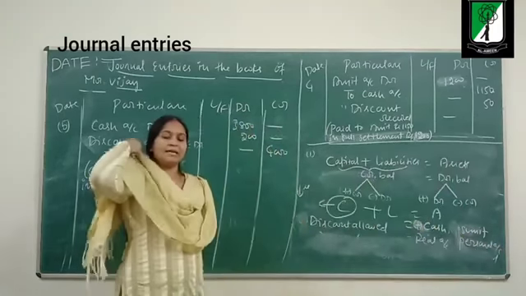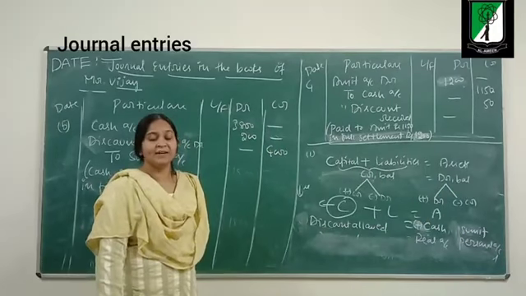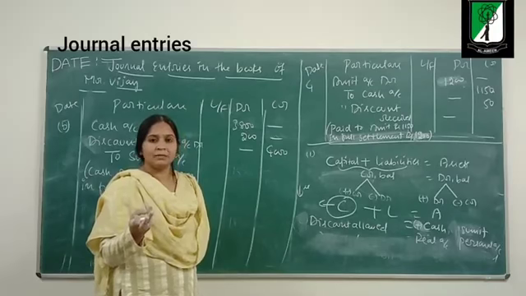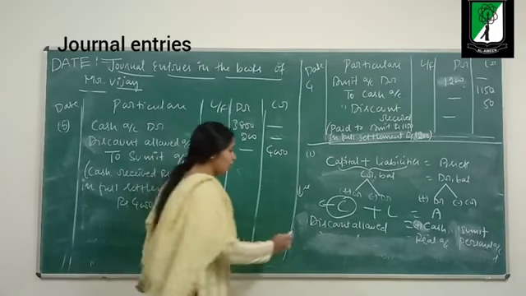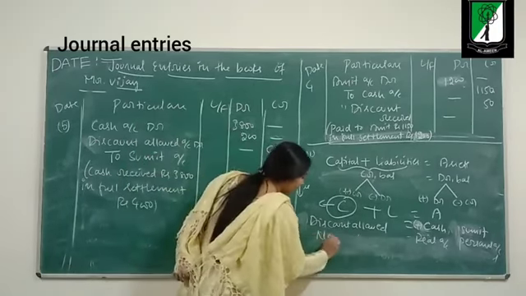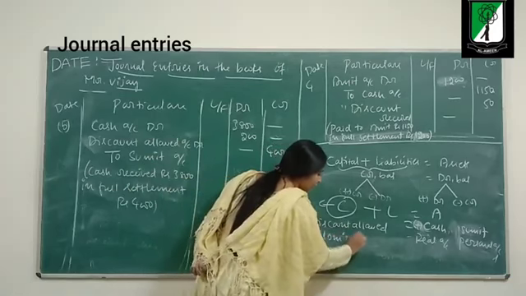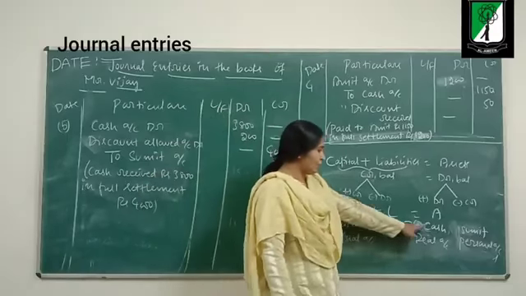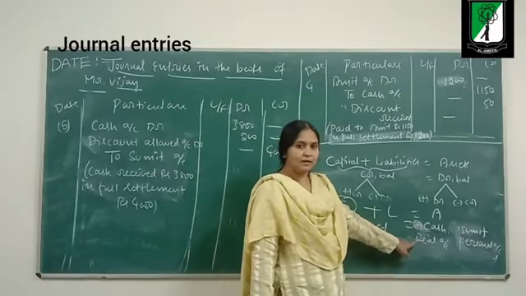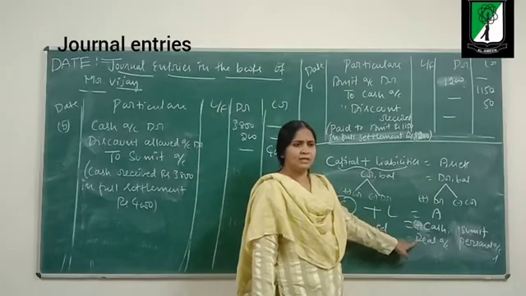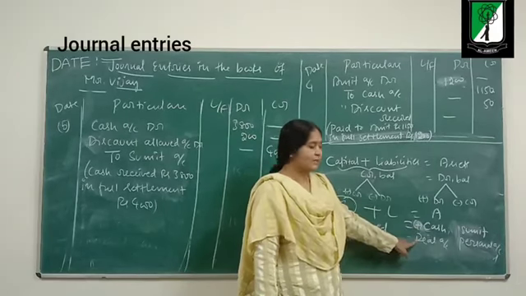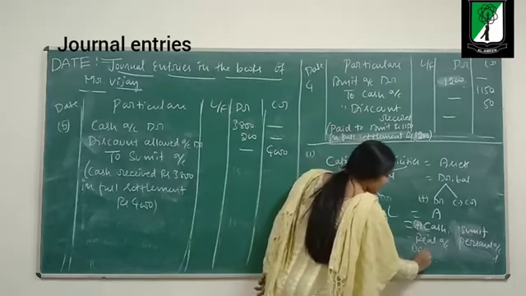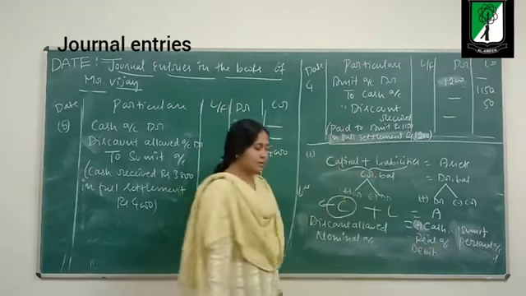Discount allowed is a loss to the business, so the nominal account rule applies. For a real account: debit what comes in, credit what goes out. Cash is coming in.